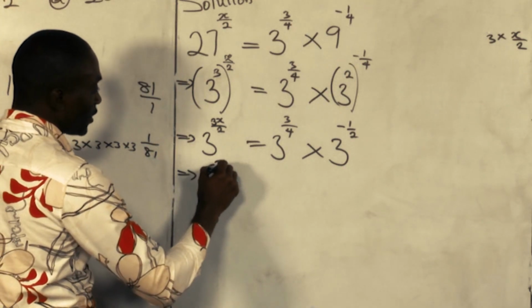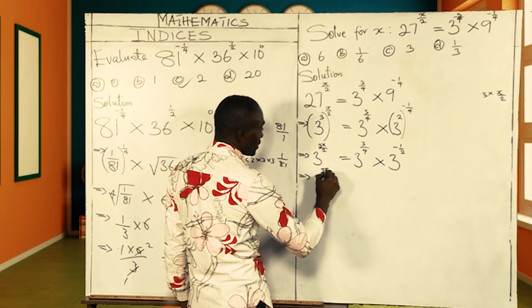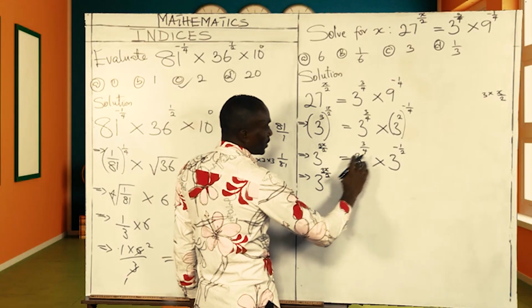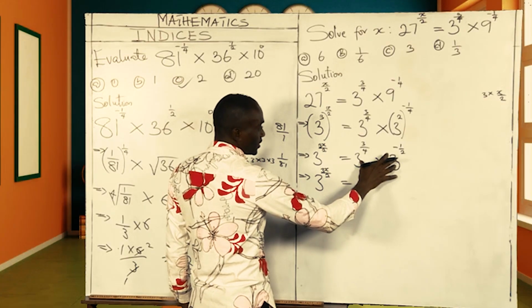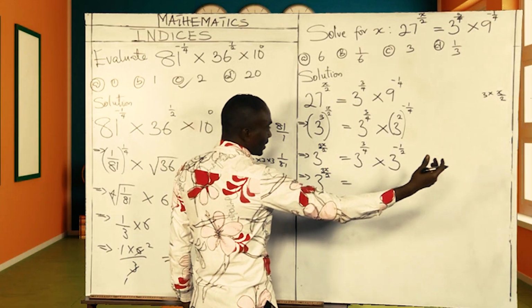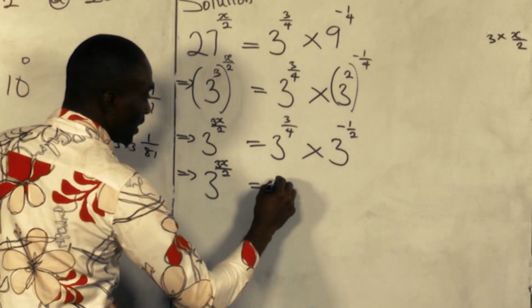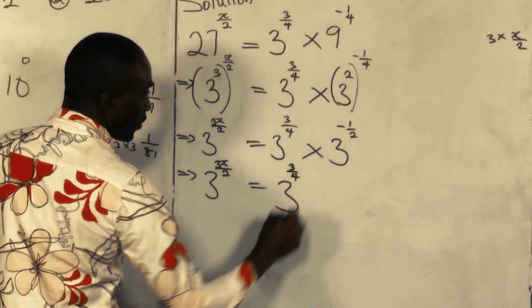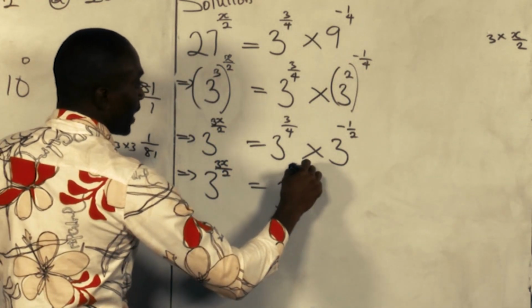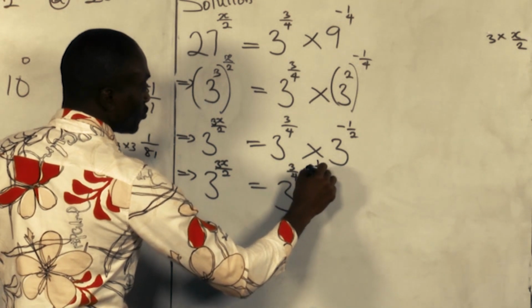I still have my 3 raised to the power 3x over 2 here. All right, I have my common base, which is 3, at the right hand side. So this will be 3 raised to the power of 3 over 4, minus 1 over 2.